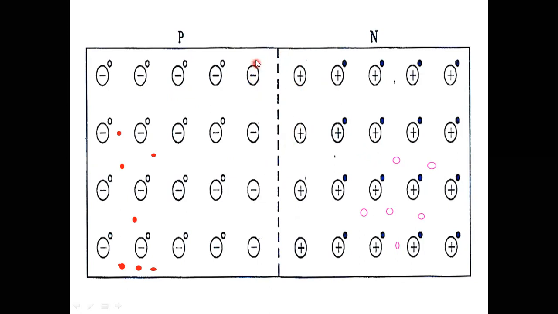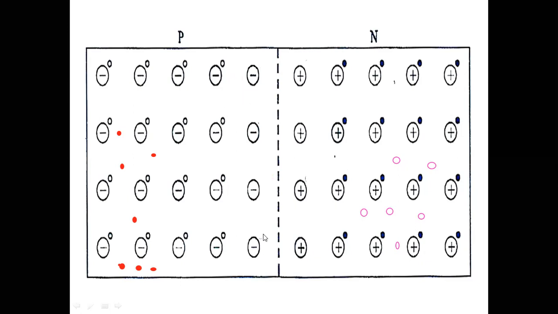Net negative charged immobile ions will be present here towards the p side, and towards the n side, net positive charge will be accumulated, which are immobile ions. These ions don't move. Only the charge carriers, electrons or holes, which are negative and positive, will move, but not ions.